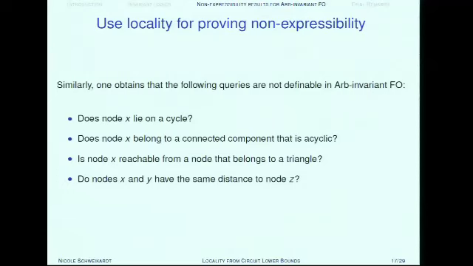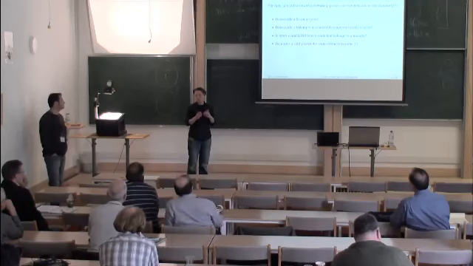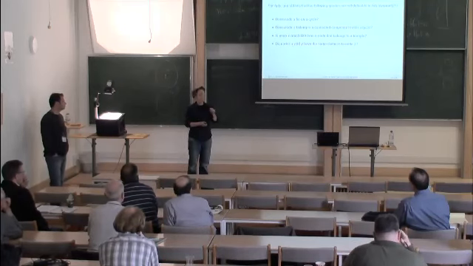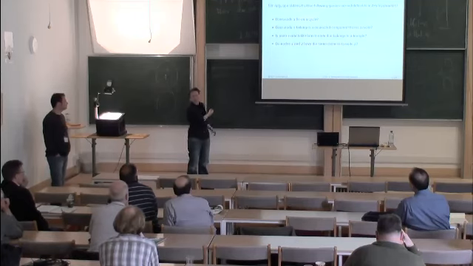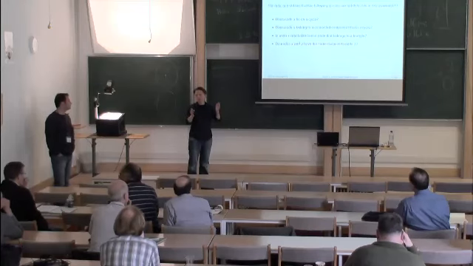Locality is just a nice tool for easily seeing that these are not expressible. But I think if you use the lower bound on parity and do the standard trick by Gurevich, which is in the textbooks, you get a bit string and define a graph on it, which is cyclic or not depending on whether the number of ones is even or not.